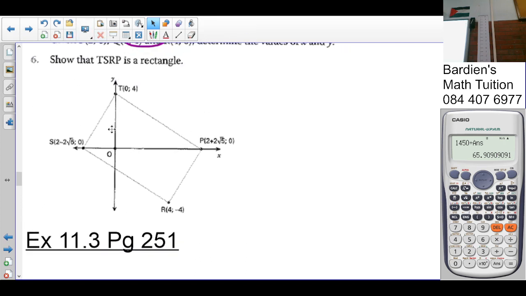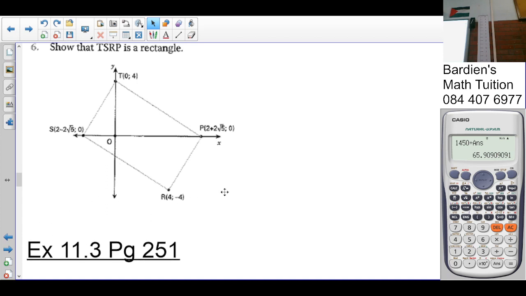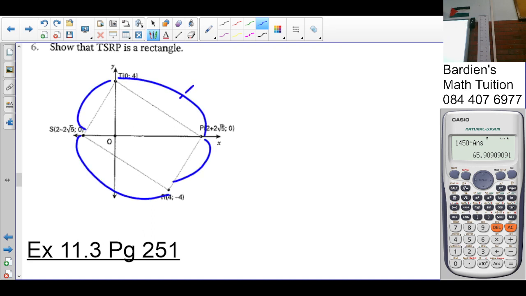We show that TSRP is a rectangle. I'm not going to do this now because we don't have much time left. But for this to be a rectangle, what's the property of a rectangle? Opposite sides are equal. By proving these opposite sides are equal, the least it could be is a parallelogram. So you first work out those lengths.